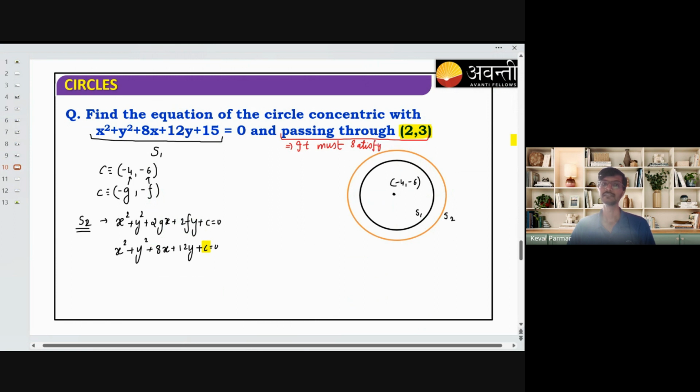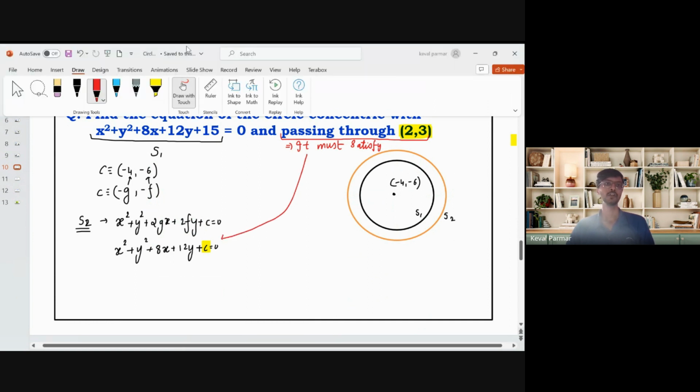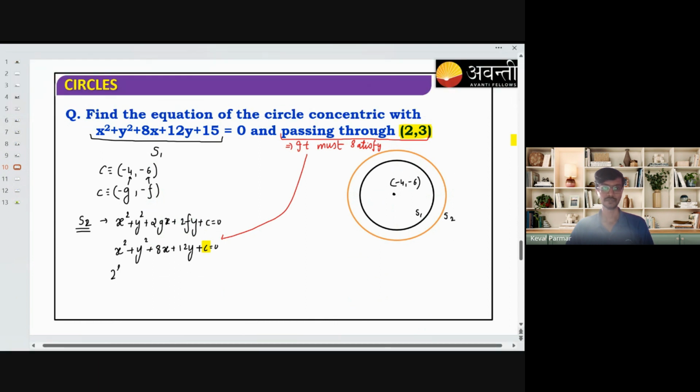What is meant by it must satisfy? We can substitute this point in the equation of the circle. So let us substitute this point. What I'll get? I'll get 2 square plus 3 square plus 8 into 2 plus 12 into 3 plus c equals to 0.